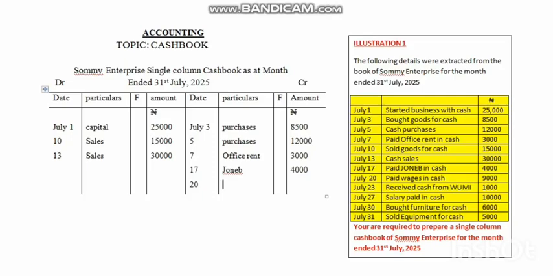So July 20th, he paid wages. You have to write this item. What do you pay? You write wages.